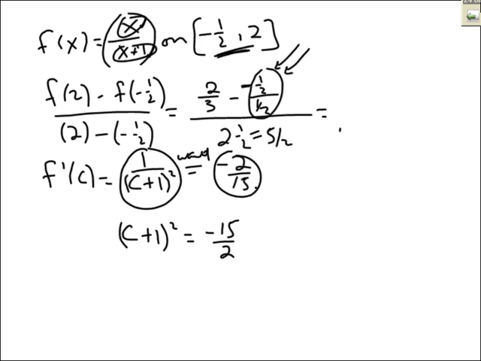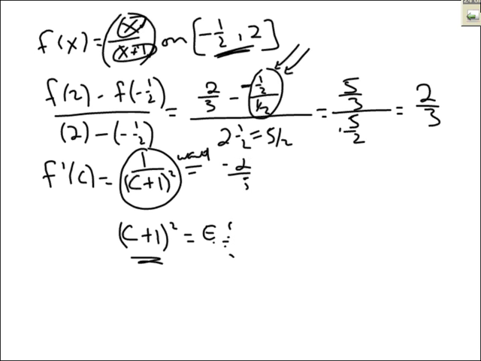Why do I say that something went wrong? Because nothing squared is ever a negative number. So this becomes 2/3 plus 1, which is 5/3 over 5/2. If you do the math, you get 2/3. So I'm going to replace the derivative. I'm going to state the derivative should equal 2/3.